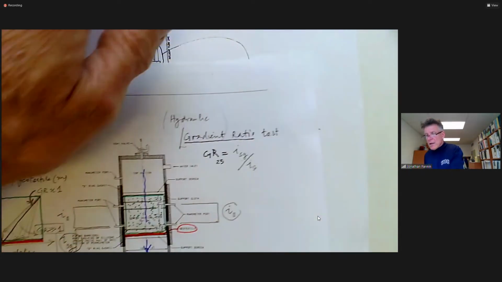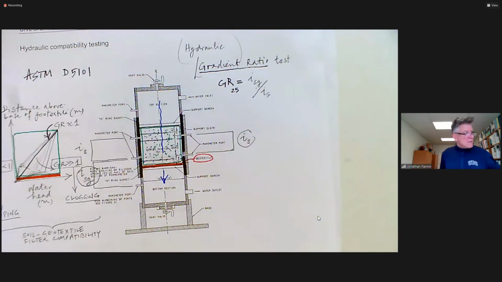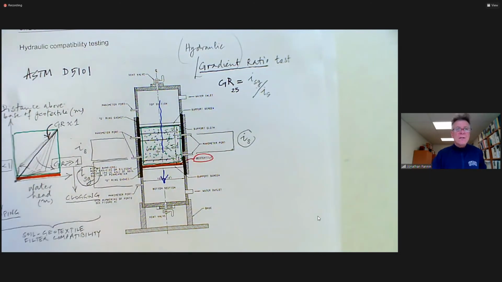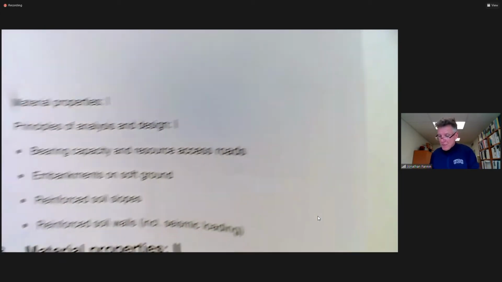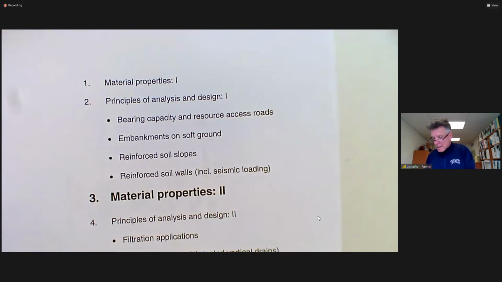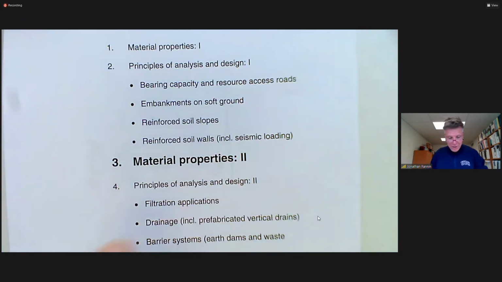So folks, let me ask if there are any questions of clarification. I didn't think to invite you to jump in, but are there any questions of clarification on these, what I would call select material properties to inform filter design? And if you have any questions, please don't hesitate to ask.